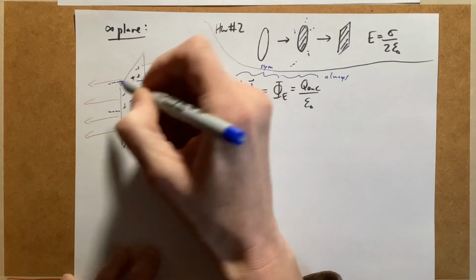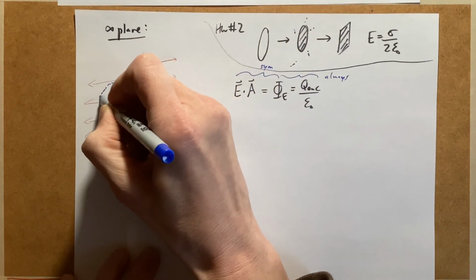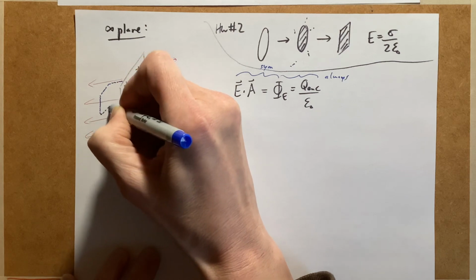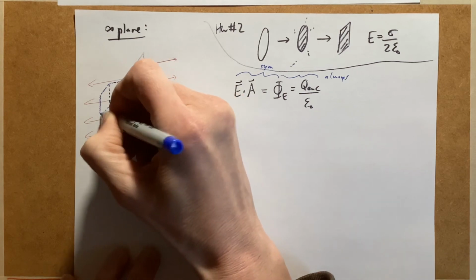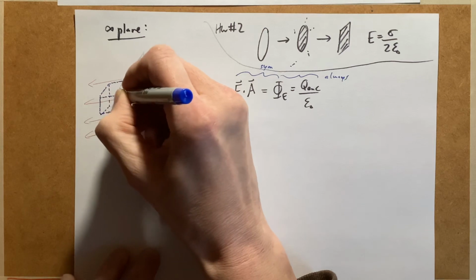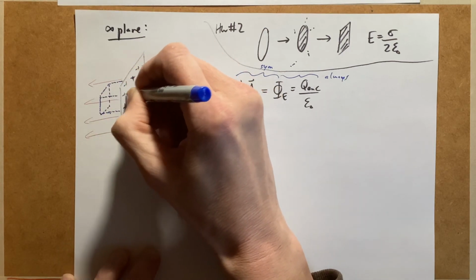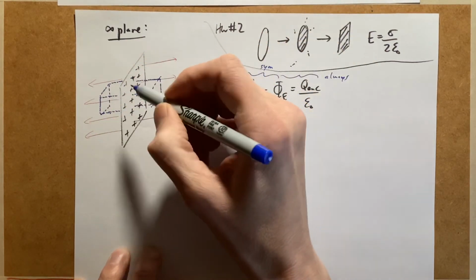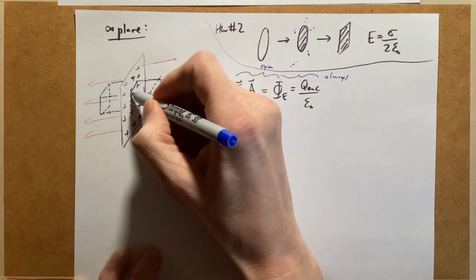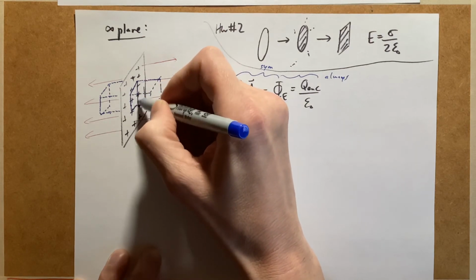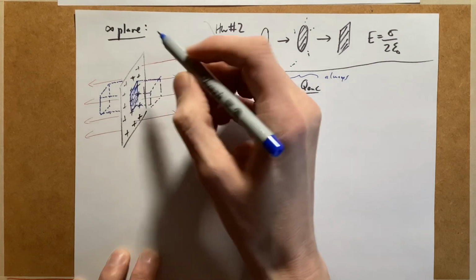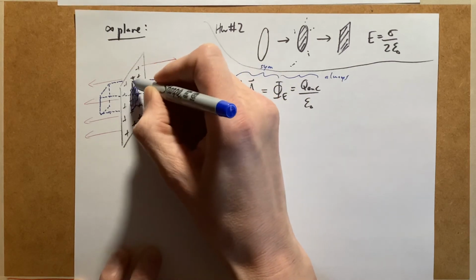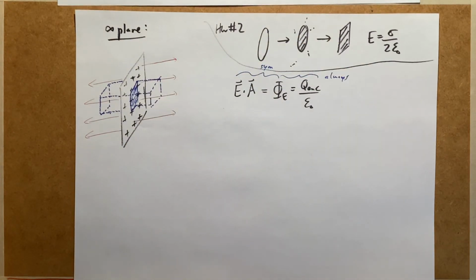I'm not the best artist in the world. Okay, so this is a rectangular box like so, and it does include a small bread slice of the infinite plane inside it.